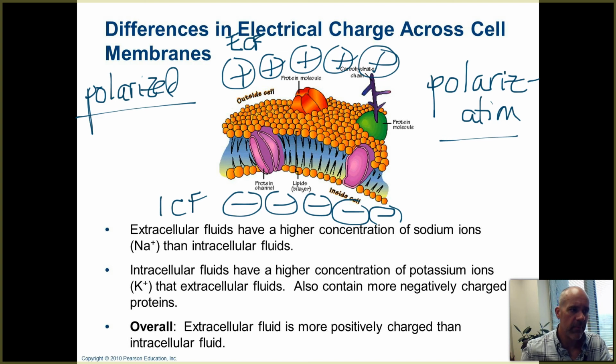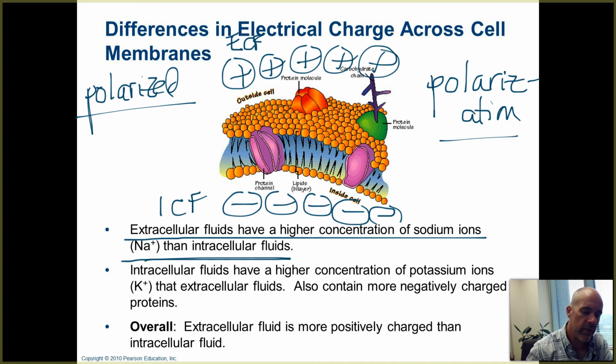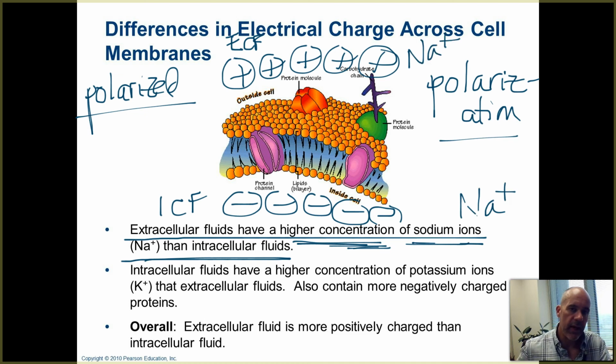All right, so what is the major basis for these differences? Your ECF, you might remember we talked a little bit about this when we went over body fluids at the end of Unit 2. The extracellular fluids have a higher concentration of sodium ions. So you have more sodiums out here than you do inside the cell. You do have sodium inside the cell as well, but the concentration is not nearly as high as it is outside.